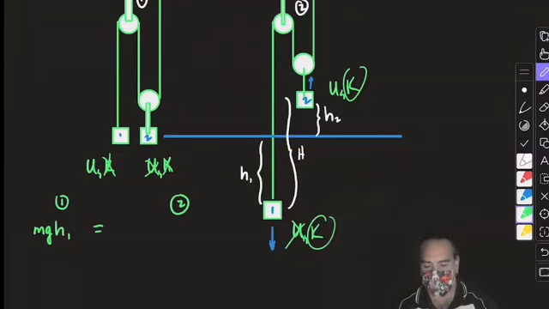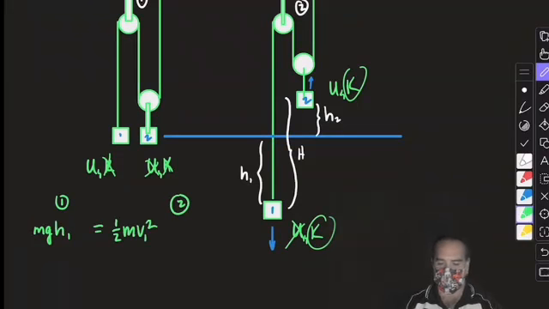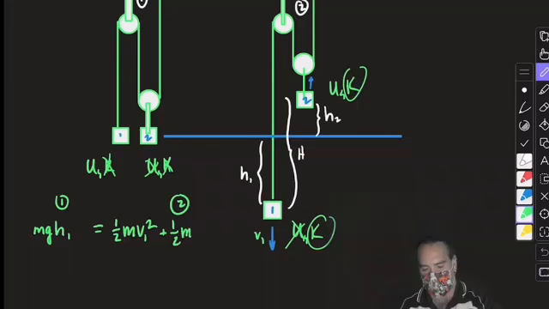But in state 2, box 1 has kinetic energy. I'm going to write that as one half m V1 squared. Box 2 has kinetic energy. I'm going to say it's moving up at V2. And box 2 has potential energy, mgh2.